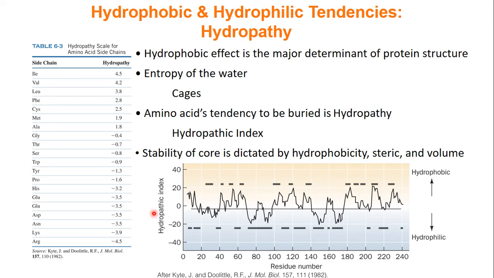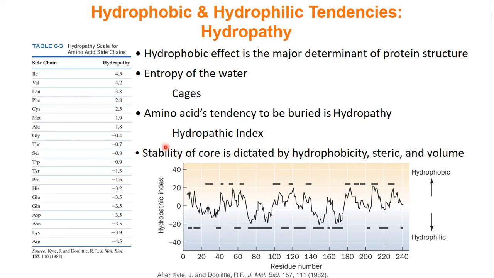And you can actually create a scale of this hydropathic index where you look at the residue numbers, and it's kind of a running average, where you just look at, okay, what type of amino acids do we have here? So if you get high positive numbers, that means these amino acids are likely buried. If you get negative numbers, that means that these amino acids are likely to be on the exterior.